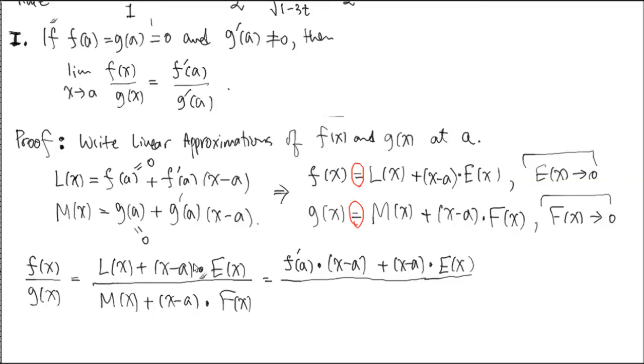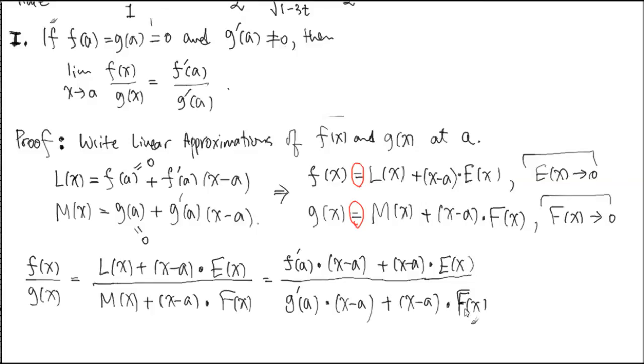For the denominator, if you look at mx here, g of a is assumed to be 0, so that's gone. The g prime of a times x minus a is there. That's the linear approximation, only one term, and there's the error term, in exact form like this, not an approximate value, in exact form like this.